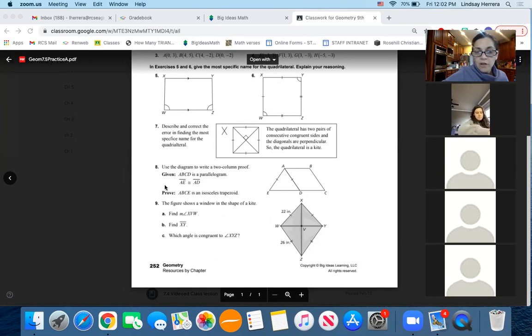All right, let's talk through number 8. You don't have to write it in proof form, but I want you to write down the steps that we would use to prove this, okay? It says ABCD is a parallelogram.